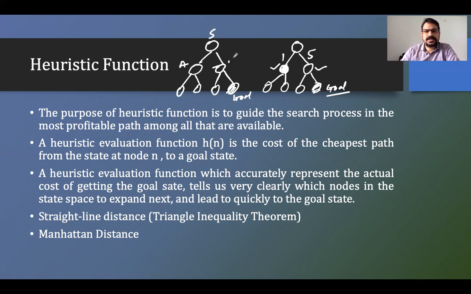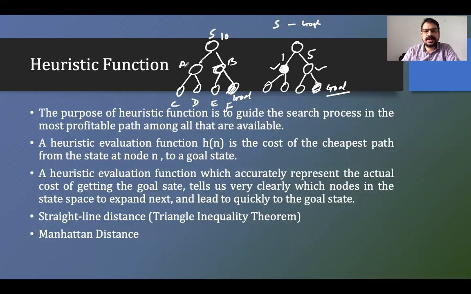This is node A, this is node B, this is C, this is D, this is E, and this is F. F is my goal node. The heuristic evaluation function will give you a value, and that value tells you that from S to the goal node, this is the estimated cost. So that value has been assigned.